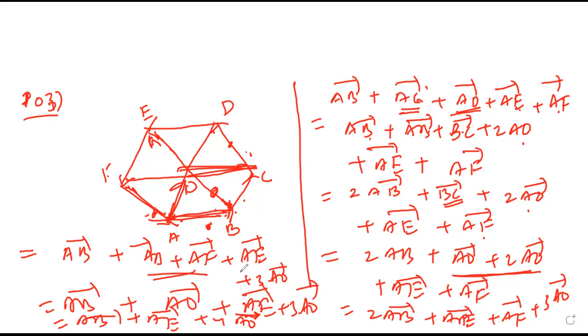AB plus AE plus 4 AO. Yes, sir. Okay. Now AB and AE, 4 AO. I'm just clearing this. We'll get the final result.